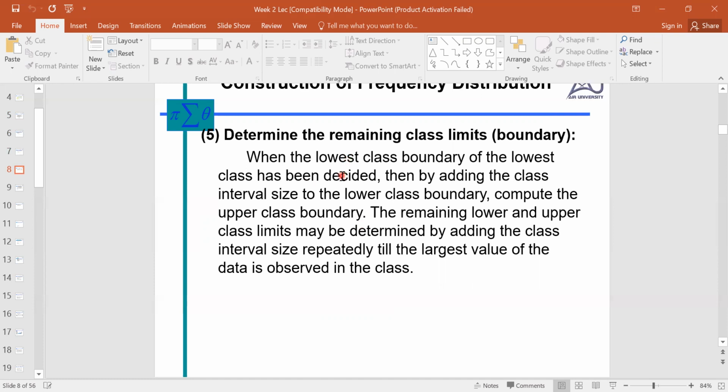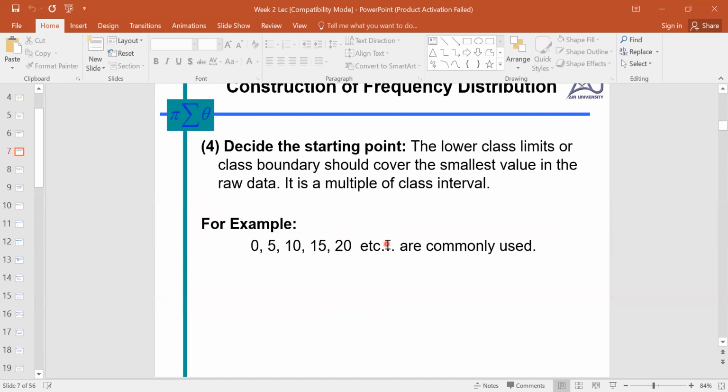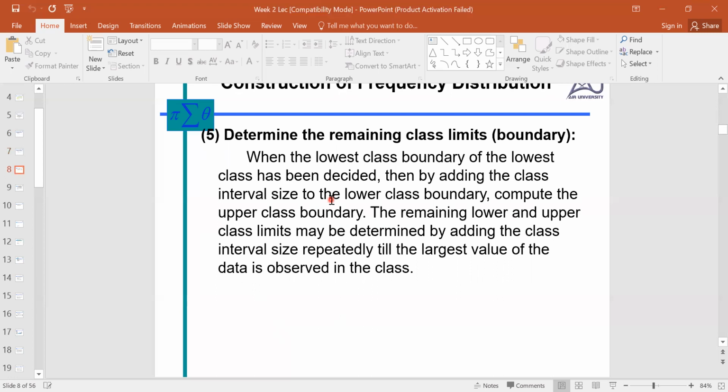Like if the class interval is 10 and your starting point is 5, then the next class lower limit is 15, and then the next is 25, and similarly you can add 10 in each class to get the remaining classes. This is how you calculate the number of classes and determine the remaining class limits. These 5 steps are very important to construct a frequency distribution.